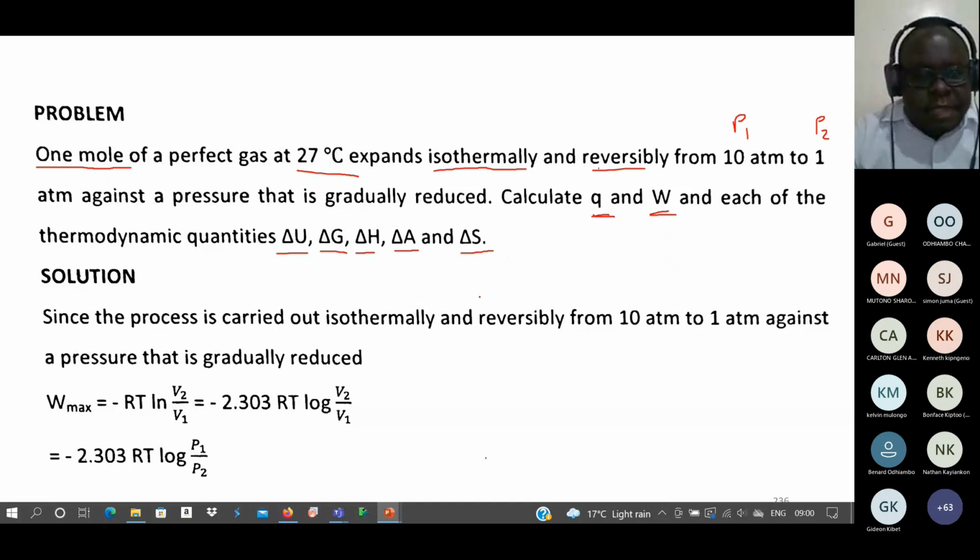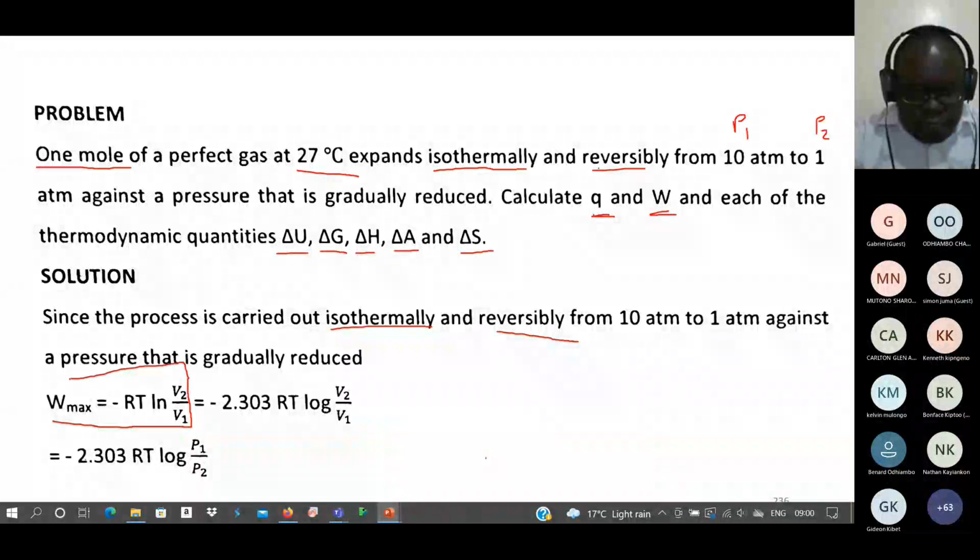Now, let's see this. Since the process is carried out isothermally and reversibly from 10 atmospheres to 1 atmosphere against a pressure that is gradually reduced, the maximum work is given by this expression.